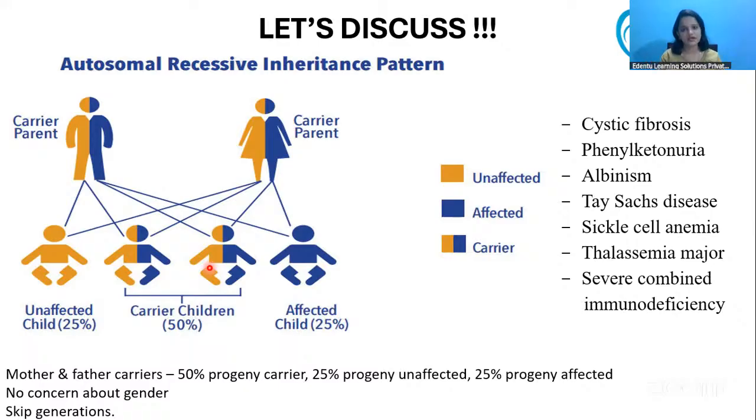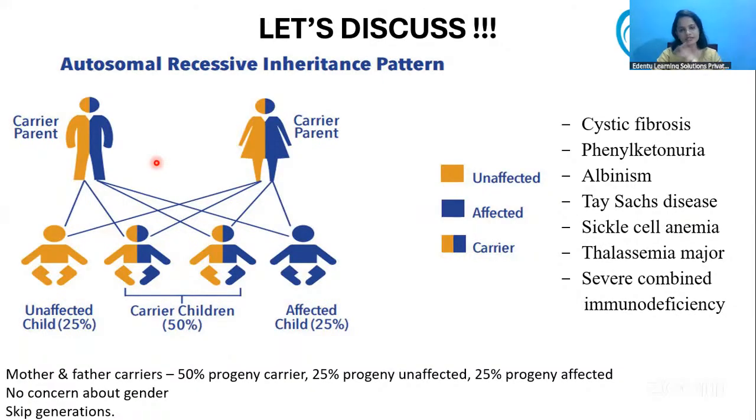But that particular mutated gene is inside their body. Okay, so that is the carrier children. So 50% of them will be carriers, 25% will be unaffected and 25% will be affected. Okay, so this is the normal autosomal recessive pattern of inheritance if both the parents are carriers.